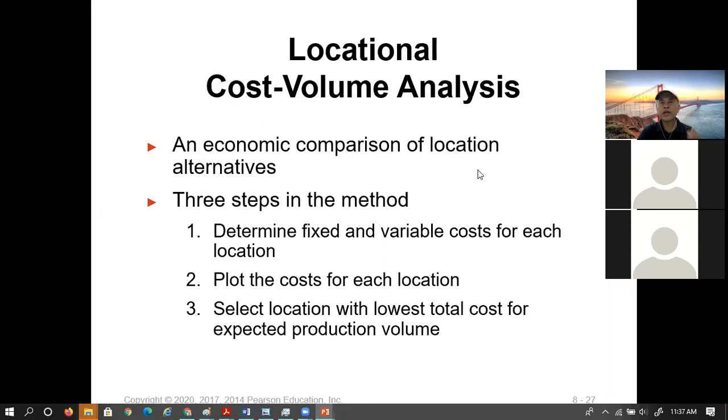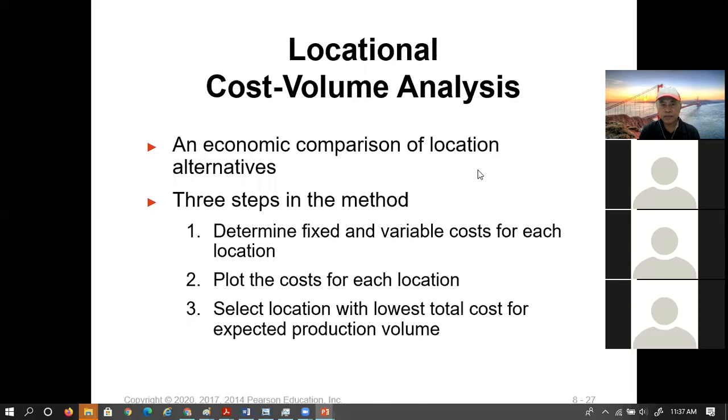This is also about the investment cost and the operational cost for a certain product, in this case for a certain location. So it is an economic comparison of location alternatives.